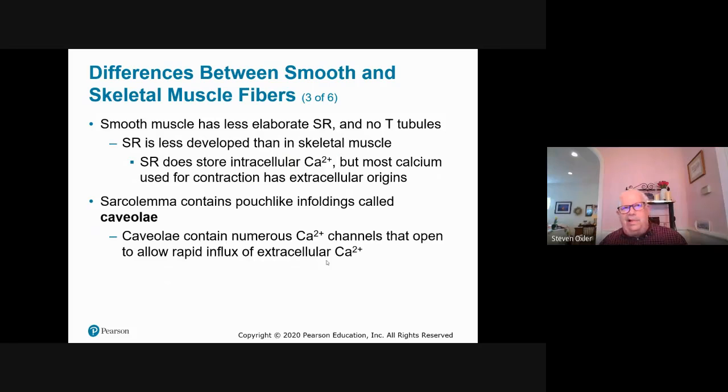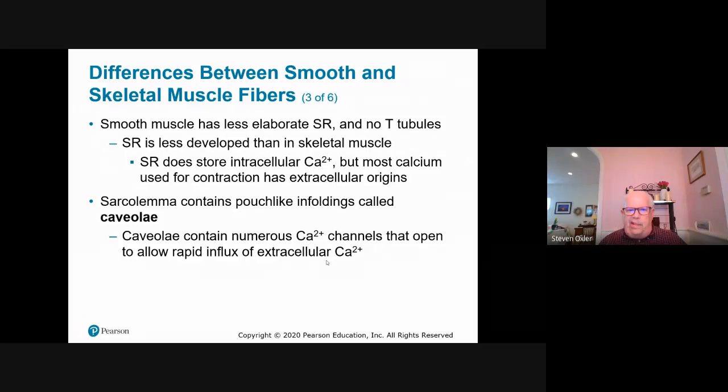Smooth muscle has a less elaborate sarcoplasmic reticulum and no T-tubules. The sarcoplasmic reticulum of smooth muscle still stores intracellular calcium, but most calcium is used up for a contraction.